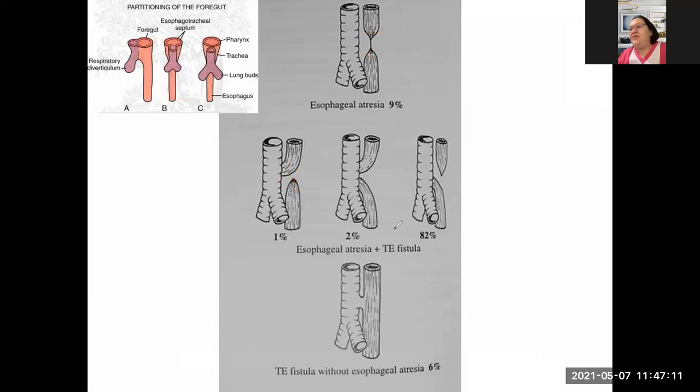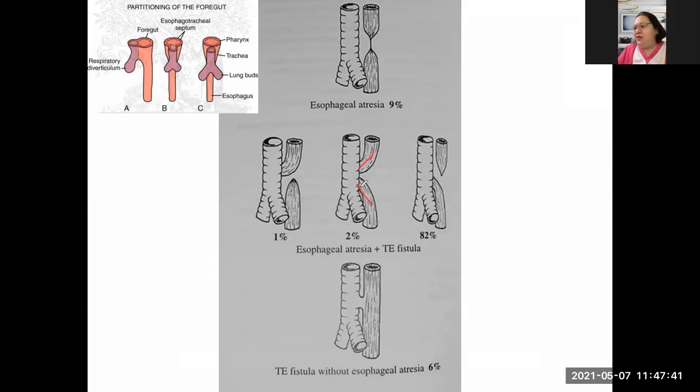Here we have another form of atresia where the upper portion of the esophagus and the lower portion are both connected with the trachea. Most common, you will find that when you feed the babies, they will develop cyanosis. And one of the dangers here is that they will develop forms of aspiration pneumonia.